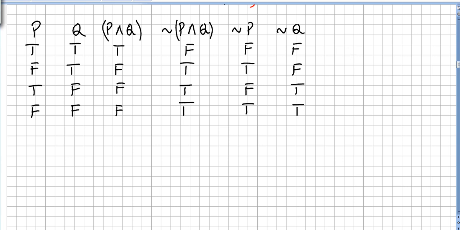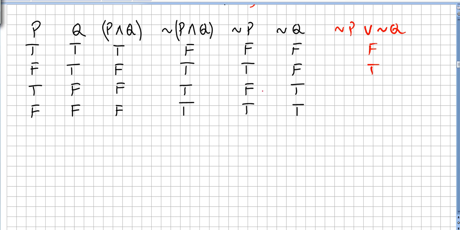And now this is the one, this is where I wanted to get. Let us do the table for not P or not Q. So we only need one of these two to be true in order for this to be true, since this is a disjunction, right? So false, false, false, the only case where it's false. So true, I don't need to check this information now.